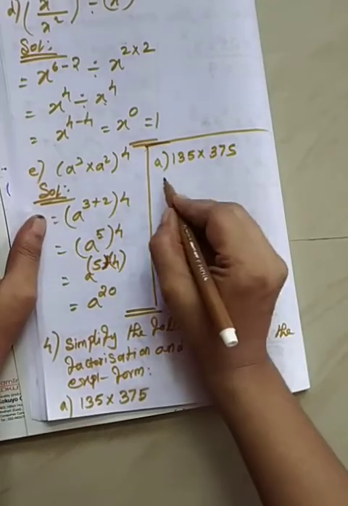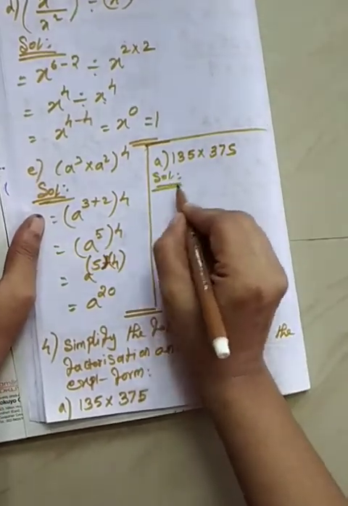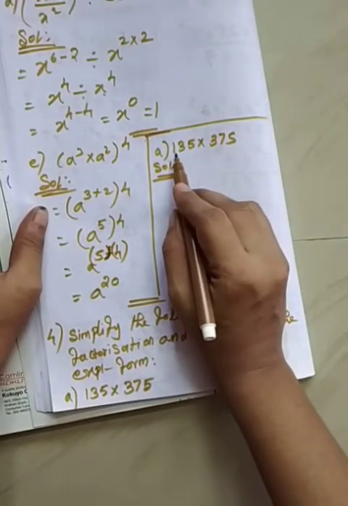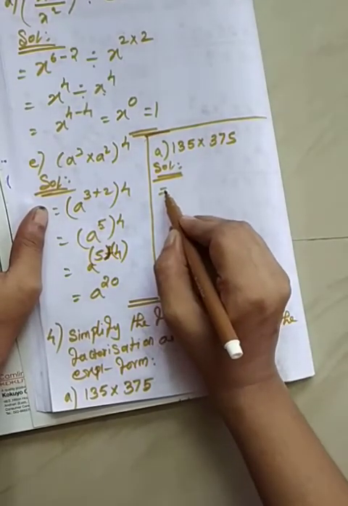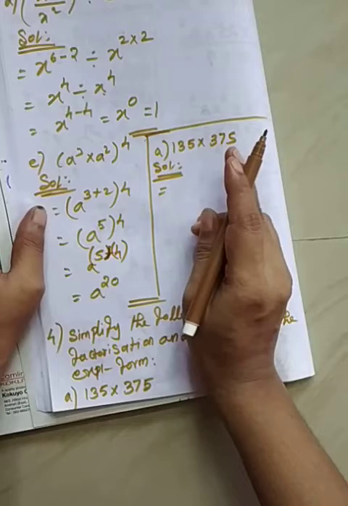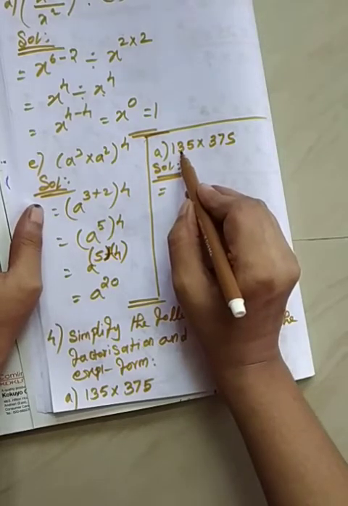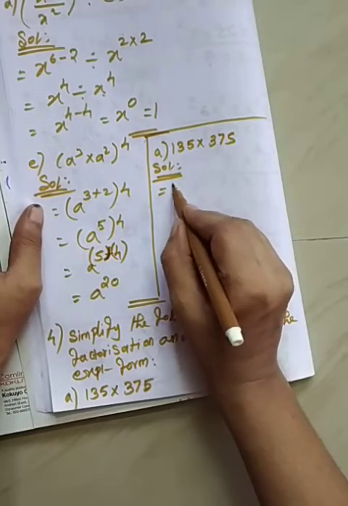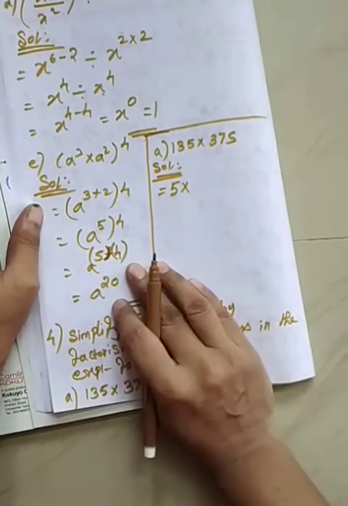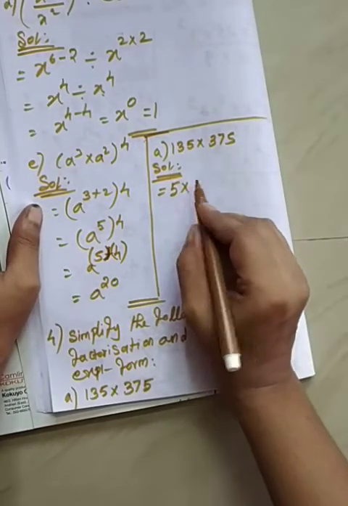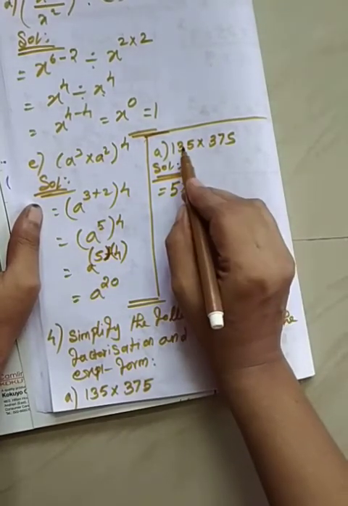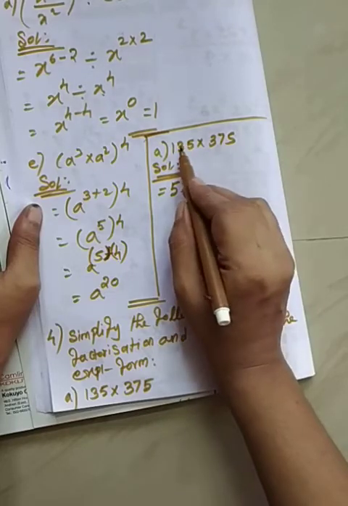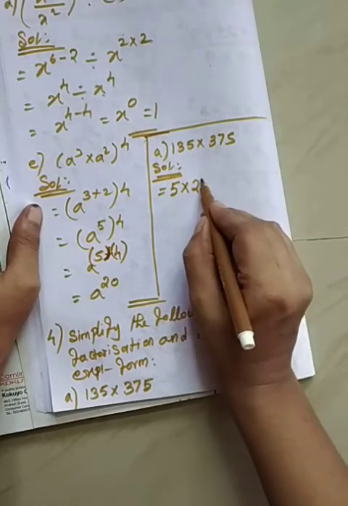Okay, see, what is 135? 135 means how many 5s are there? First you have to take the fifth table. So 5 into, okay, how many 5s are there? 2 5s are 10, remaining 3 and then 35. 35 means 27.